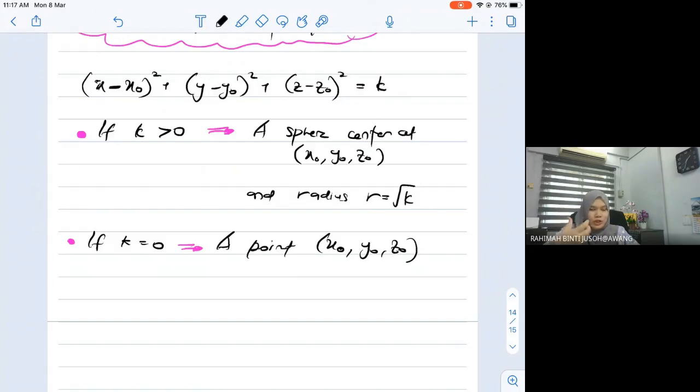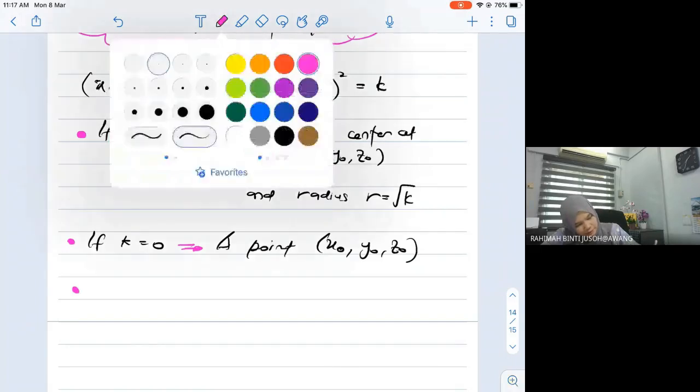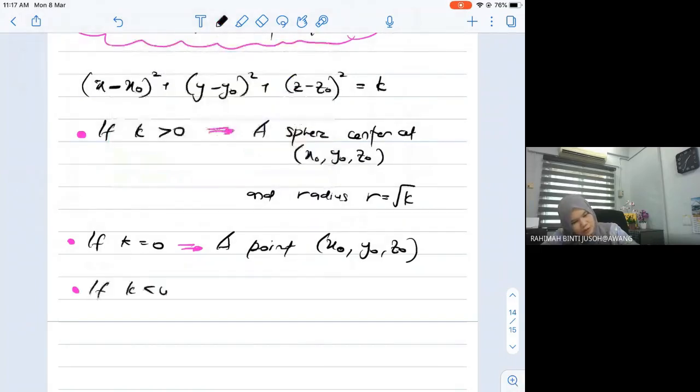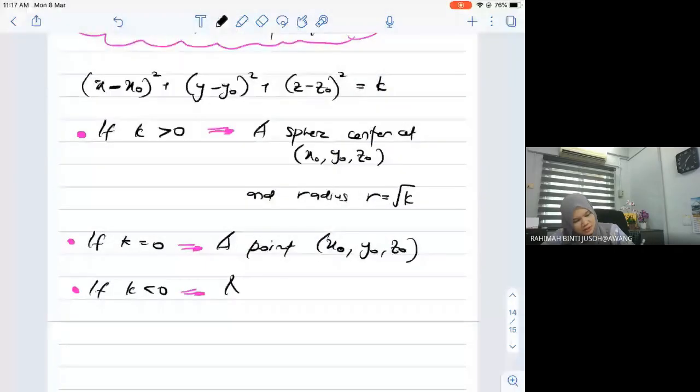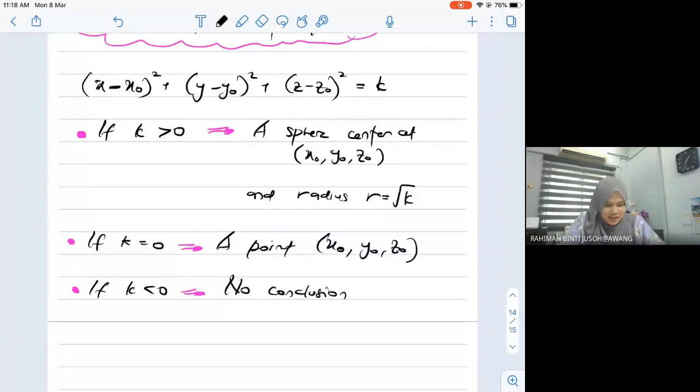So we just get a point. Okay, the last one, if we have the values of k less than 0, so what happened? No graph, so no conclusion. Tak ada graph, dia tak nak lukis pun, tak nak plot pun. Sebab dia tak logik. Okay, if k less than 0, no graph. Dia adalah imaginary, dia bukan real number. So no conclusion kalau k tu negative.